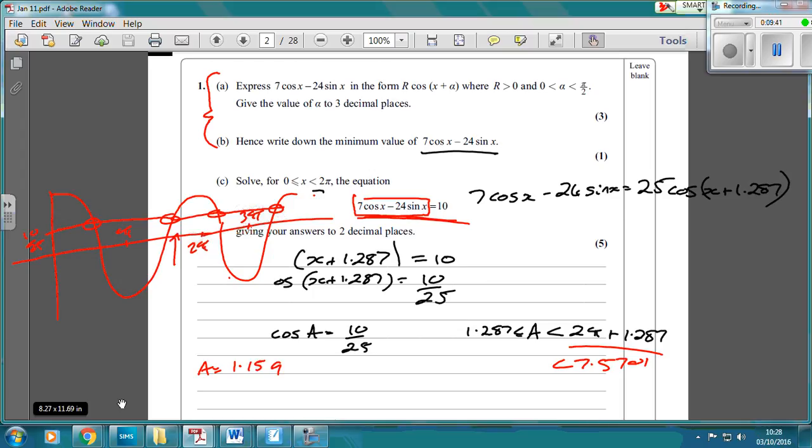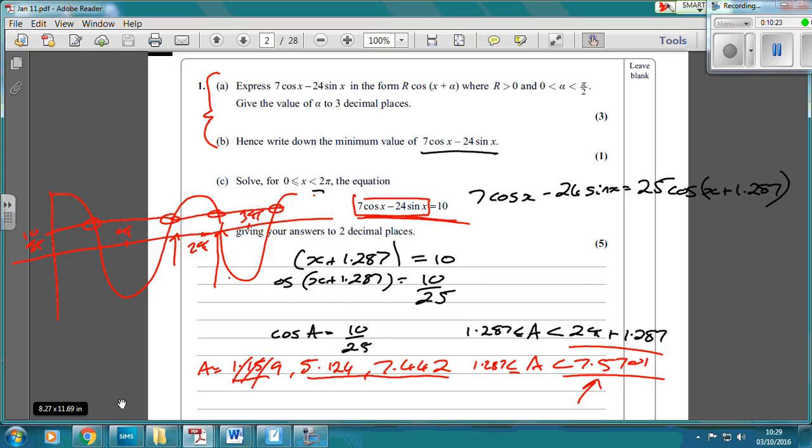This one here is going to be 2 pi minus that, which equals 5.124. We've got this one here, which is 2 pi plus that, which is 7.442, which is just inside, which is just less than 7.5701, which was our upper limit. However, this one here, 1.159, that's not within that limit.